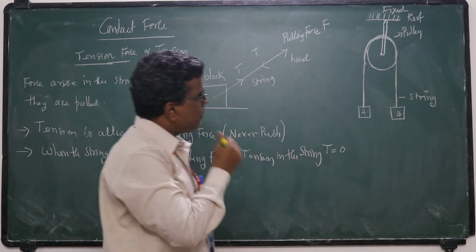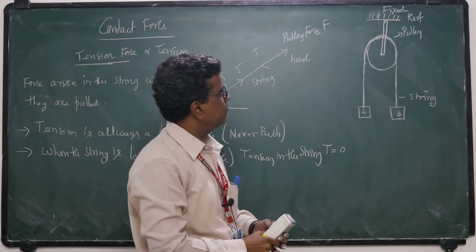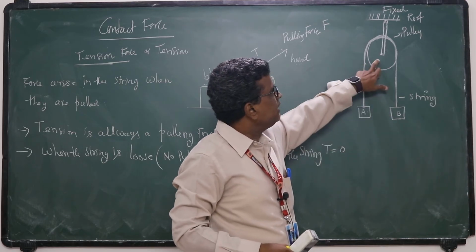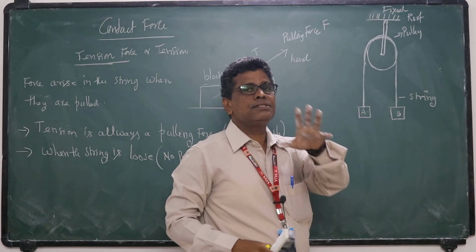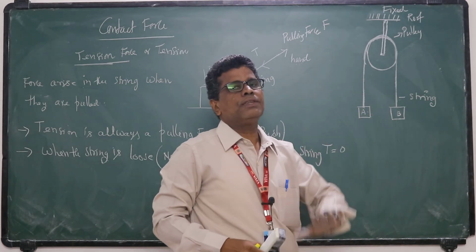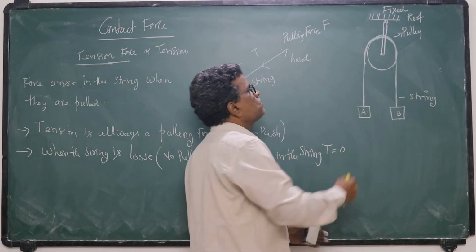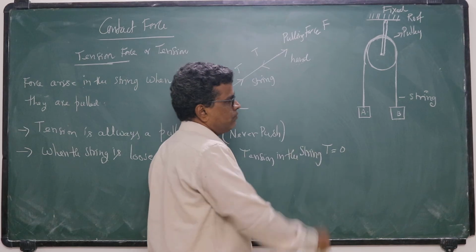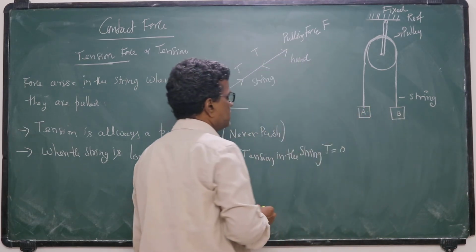Now, what are the forces acting on this system? I will consider these objects, pulley and string, as a system. That system consists of many objects. So what are the forces acting on these objects?